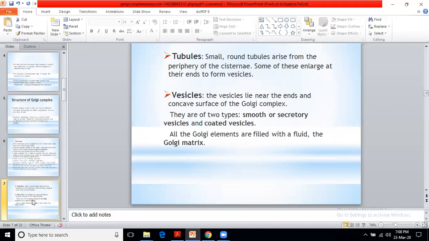Some of these enlarge at their ends to form vesicles. So tubules may be a complex array of associated vesicles and tubes that surround the dictyosome and radiate.